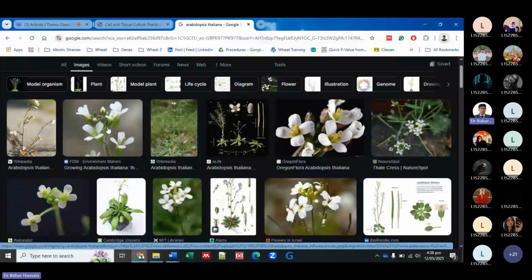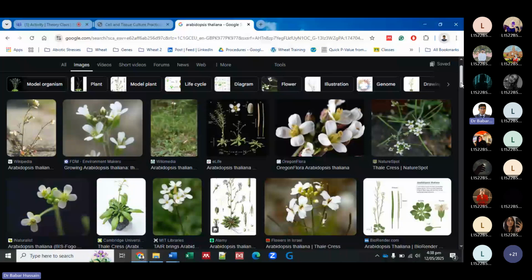Model plant means we do a lot of studies on this plant to understand different molecular mechanisms, genetics, functions, functional annotation of the genes.